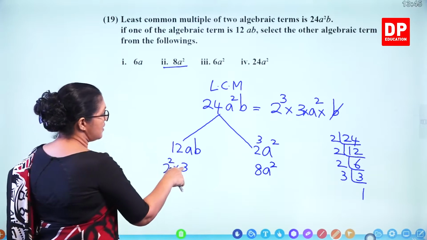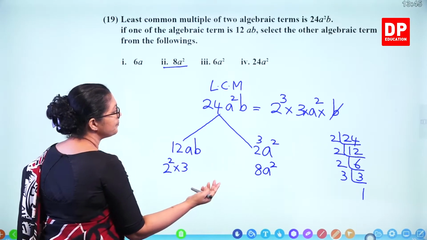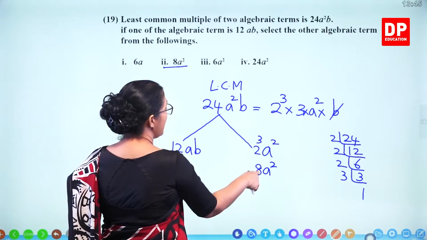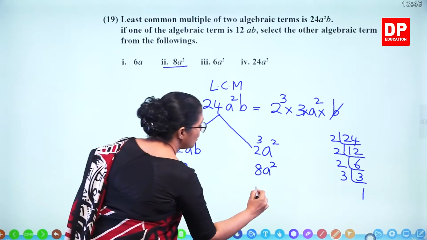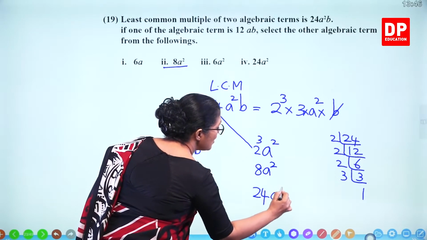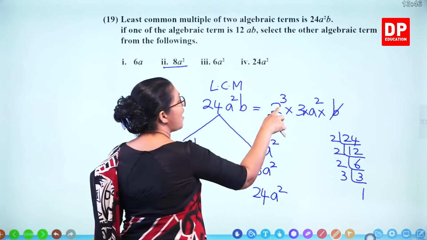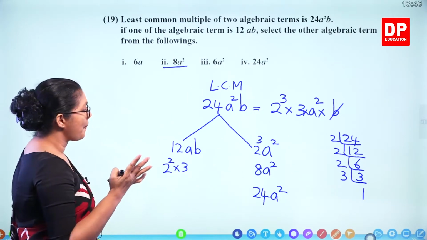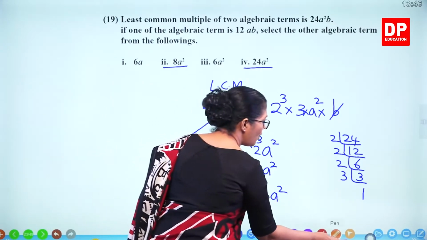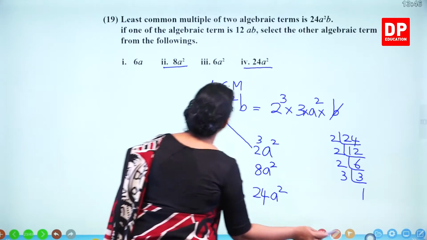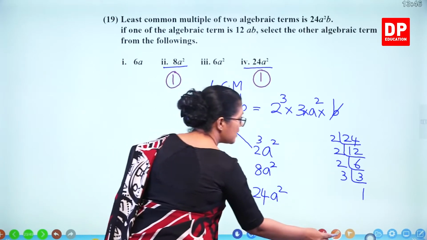Or it doesn't matter, you get 8 times 3 as well. So 2 to the power 3, 8. 8 times 3, 24. So another possibility, 24a squared, but not 6. With 6 you can't get 2 to the power 3. So 24 is another possibility. So 24a squared. So 1 mark for selecting this and 1 mark for selecting this answer.